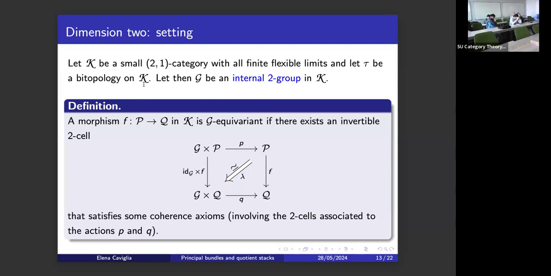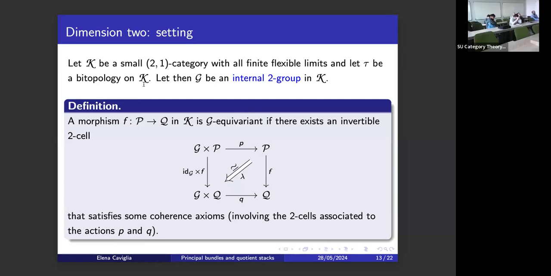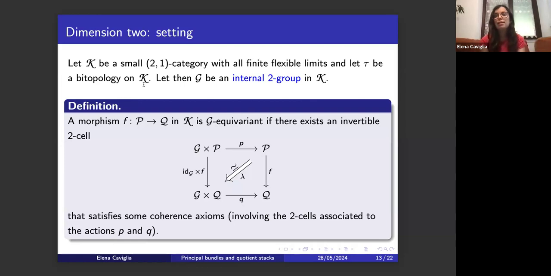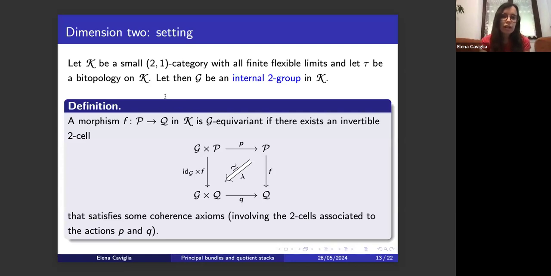And this notion of bitopology is very similar to the usual notion of topology. The only difference is that instead of being closed under pullbacks, it is closed under isocomma objects that are a 2-dimensional version of the pullback. They are sometimes also called bipullbacks. And so this is the only difference.